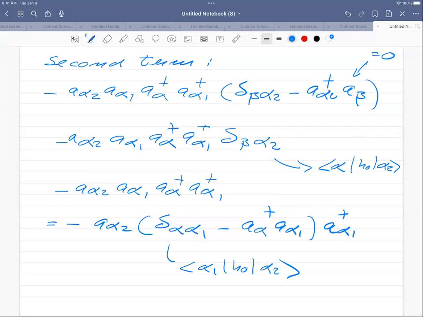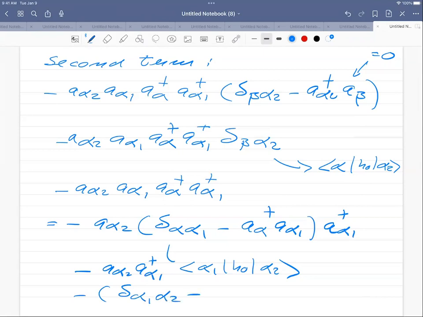But what we have then, if we look at the first term, is a minus and then an A alpha 2 and an A alpha 1 dagger. And this term has to be 0 because alpha 1 and alpha 2 are different. You see that immediately, because you would have a Kronecker delta, delta alpha 1, alpha 2, which is 0, since they're different states.